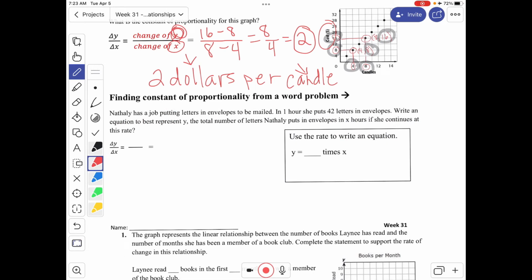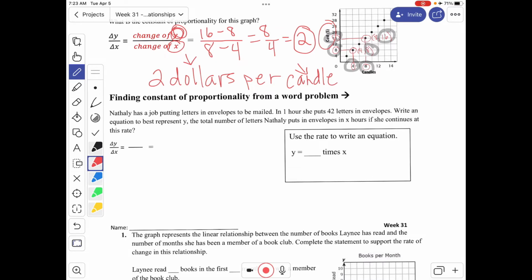Now let's look at finding constant of proportionality from a word problem. Nathway has a job putting letters in envelopes to be mailed. In 1 hour, she puts 42 letters in envelopes. Write an equation to best represent y, the total number of letters Nathway puts in envelopes in X hours if she continues at this rate.